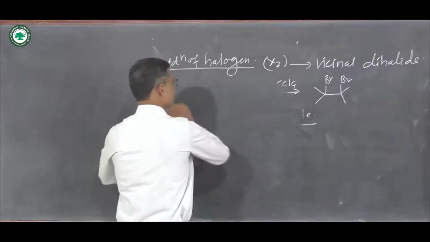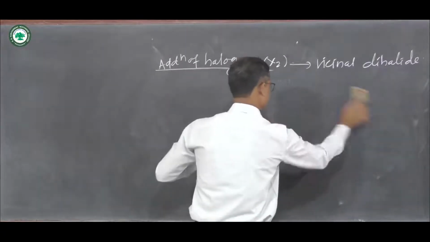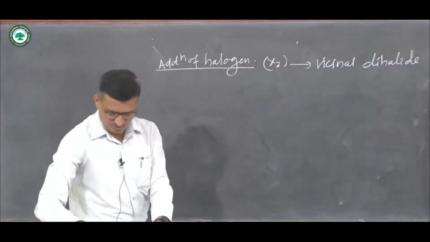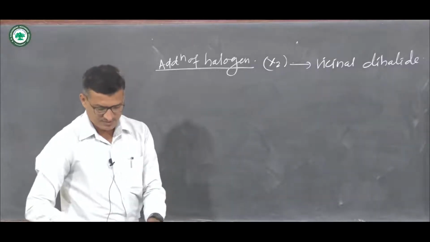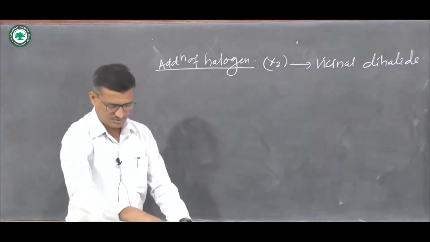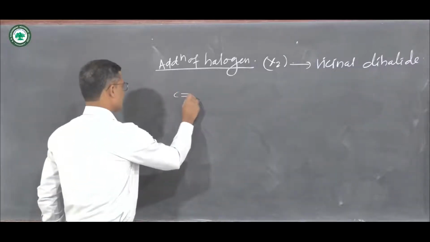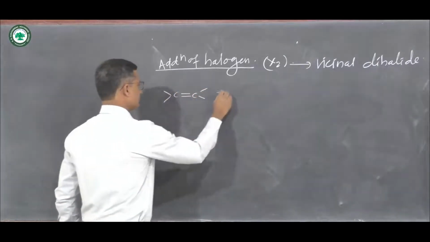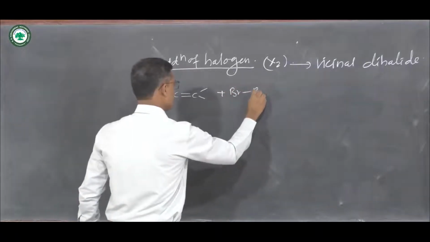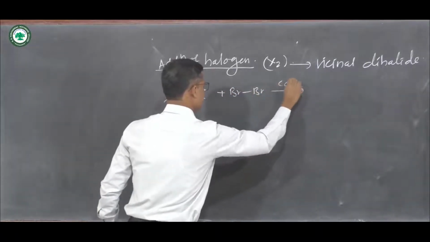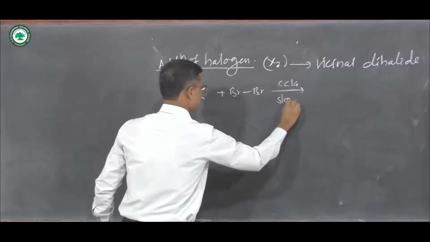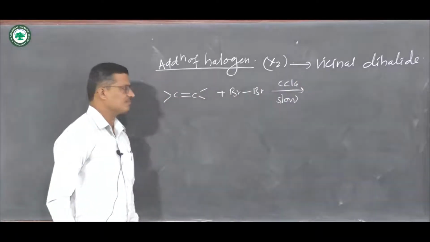The next part, the mechanism. And when we want to write a mechanism, then we take one simple example and then we see what is the mechanism of this reaction. This is your carbon-carbon double bond. We add, suppose, Br2 in presence of CCl4. This step is the first step. It is a slow step.